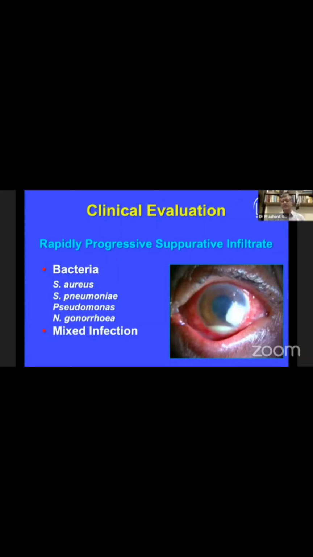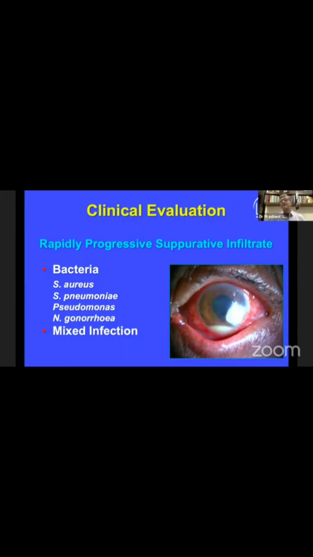If you are dealing with a patient who is suffering with a rapidly progressive disease and a suppurative infiltrate on the cornea, more likely the etiology is bacteria, particularly the more virulent bacteria, and these include Staph aureus, Strep pneumoniae, Pseudomonas aeruginosa, and Neisseria gonorrhoeae.